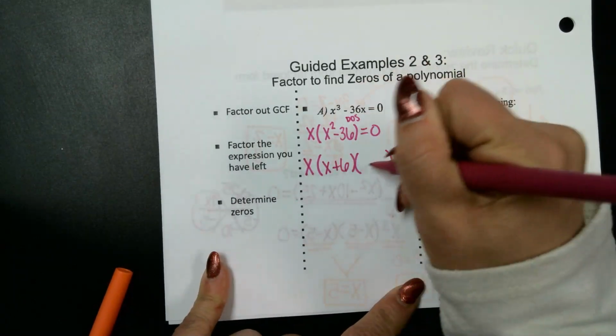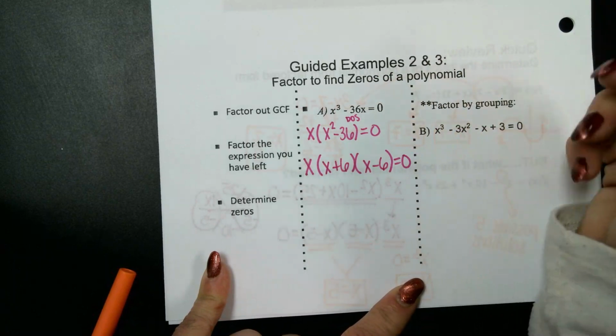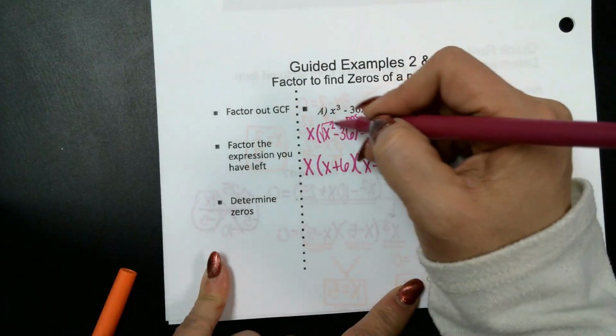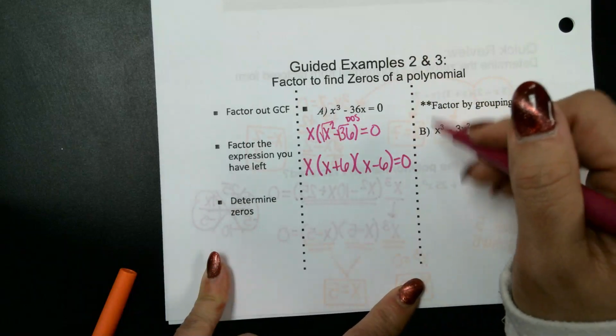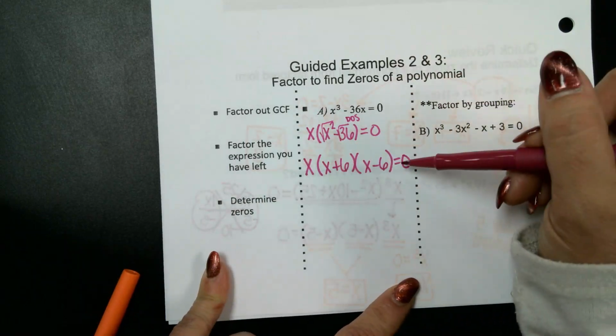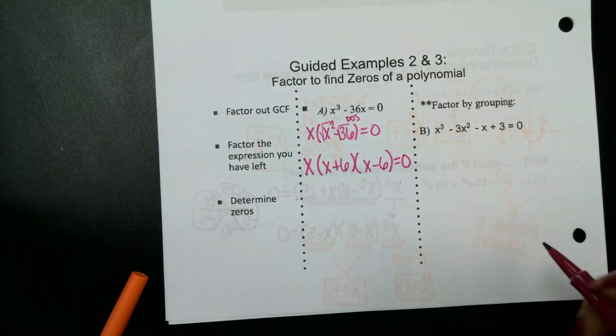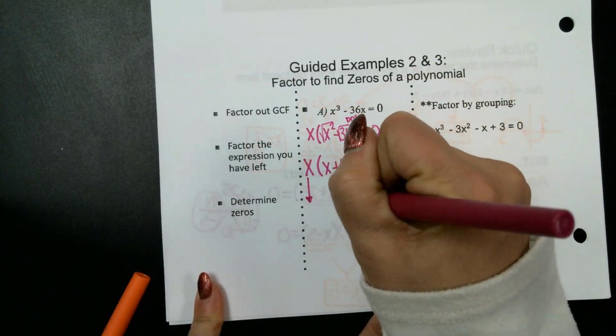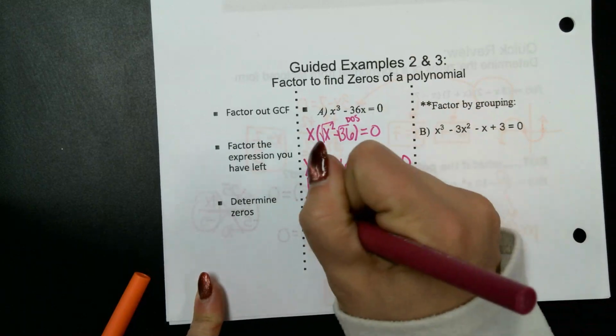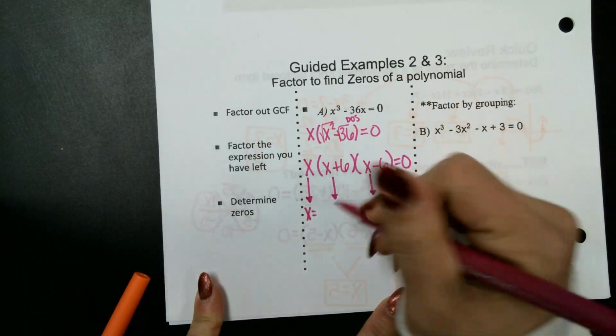Good. X plus 6 and x minus 6. Remember, all you guys are essentially doing is just taking the square root of each term, so x and 6, and then making one set of parentheses a positive, the other one a negative. And then we can go to our three answers. This one's going to be x equals 0.